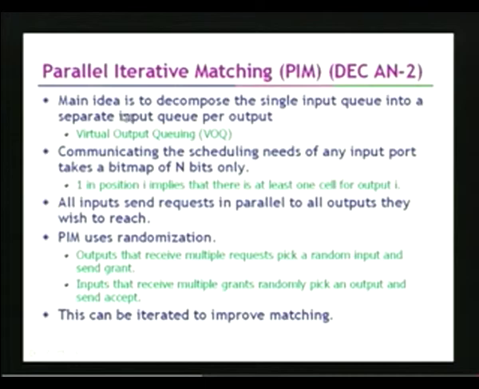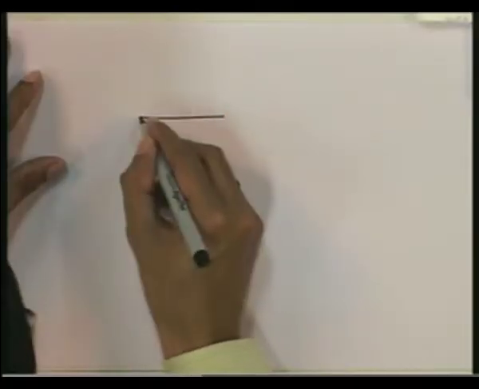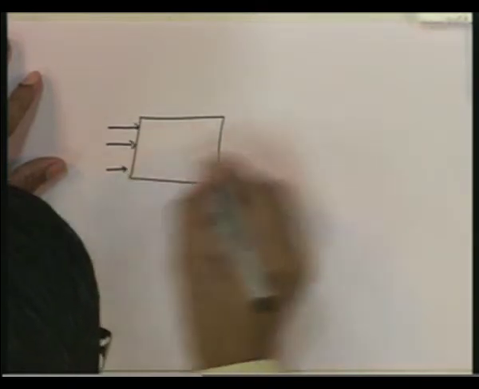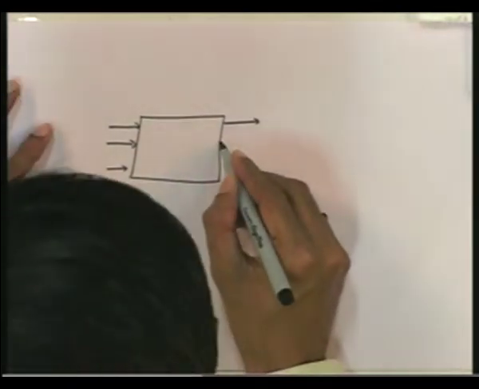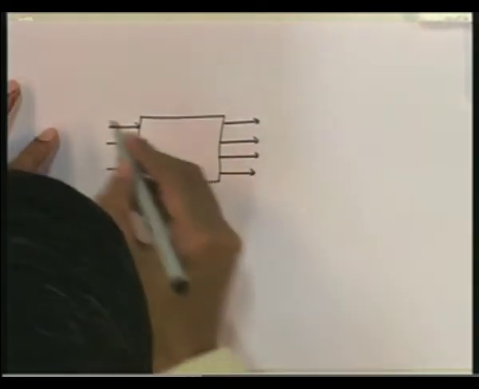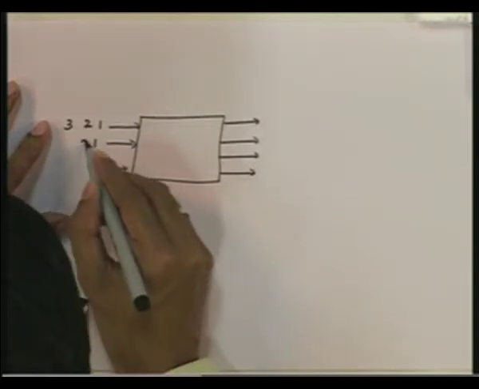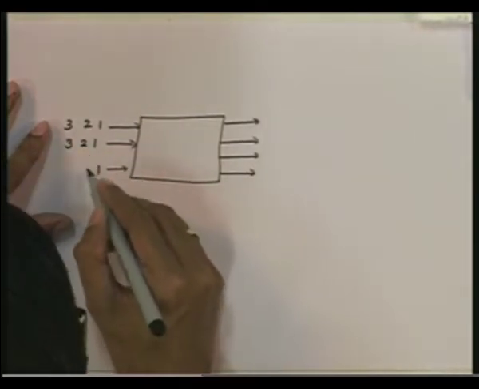Now the main idea of parallel iterative matching is really to decompose a single input queue into a separate input queue per output. Okay. So as you can see here, in the previous example that we had shown, we had the packets at the input which were meant actually, so this packet 1, 2, 3 and this was again 1, 2, 3 and this was 1, 3, 4.